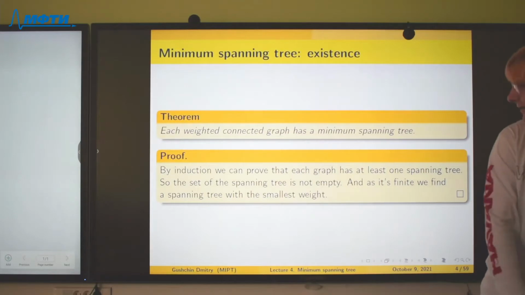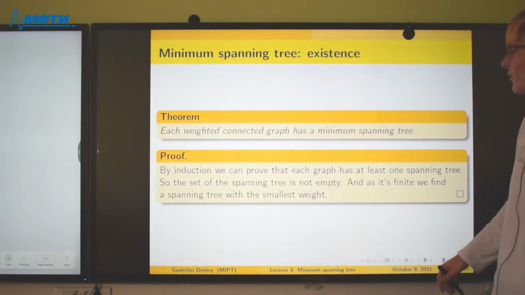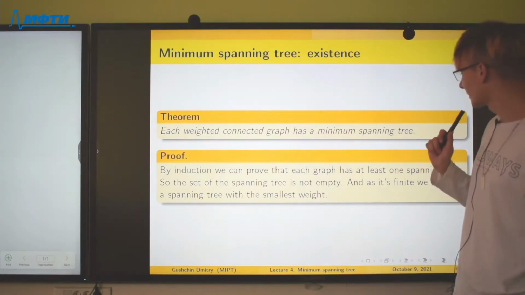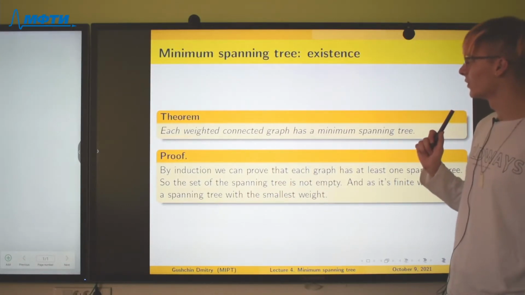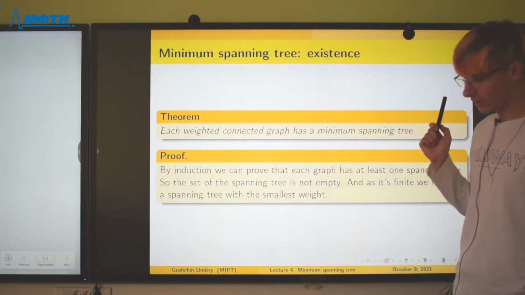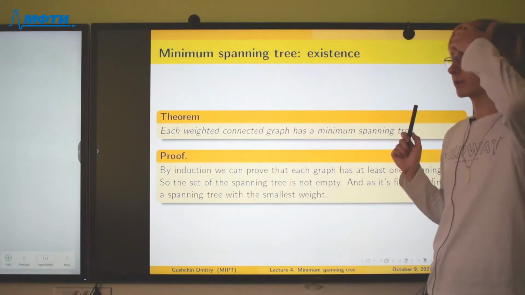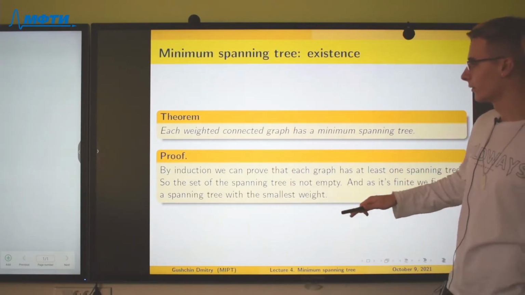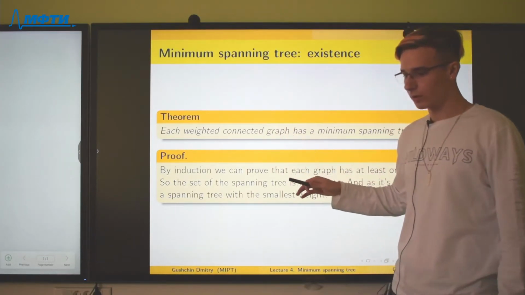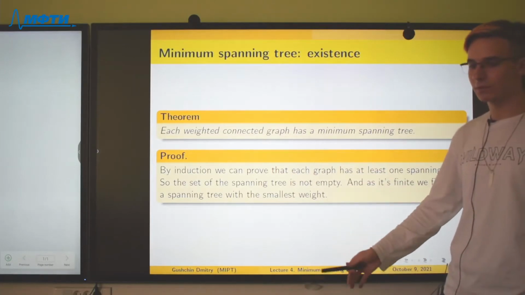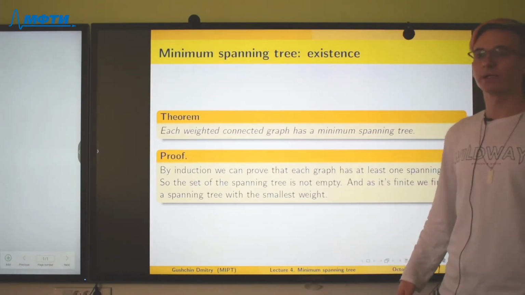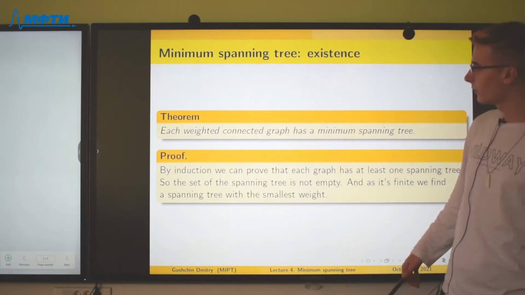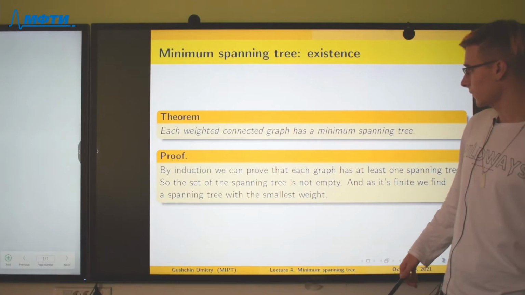No, the first theorem was about the existence of a minimal spanning tree. Why does a minimal spanning tree exist in each connected graph? If we have a connected graph, we can have a set of trees, but that set is always finite.